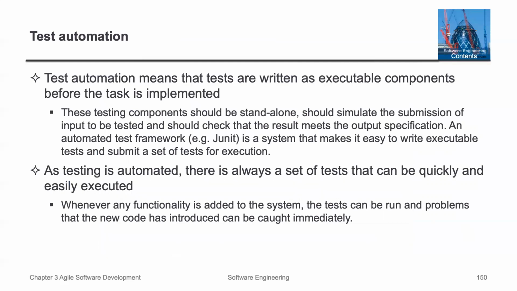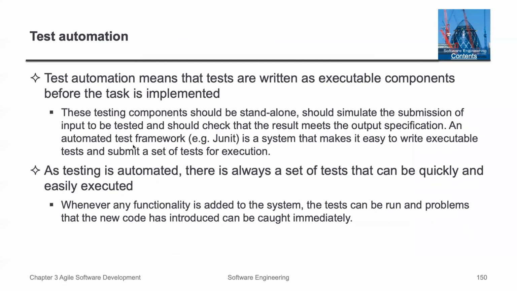Test automation. Test automation means that tests are written as executable components before the task is implemented. These testing components should be standalone, should simulate the submission of input to be tested, and should check that the results meet the output specification.